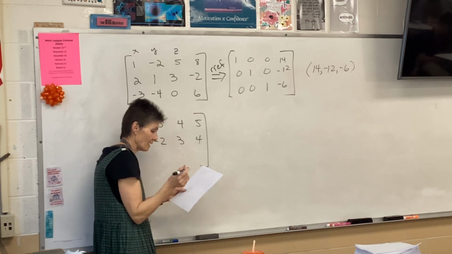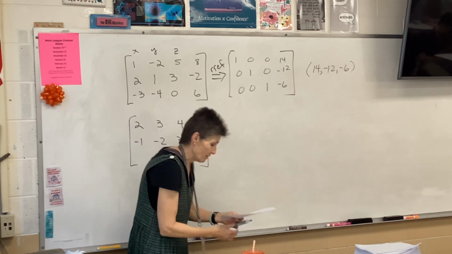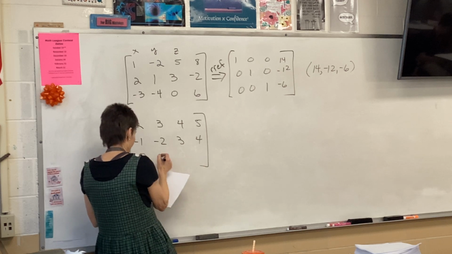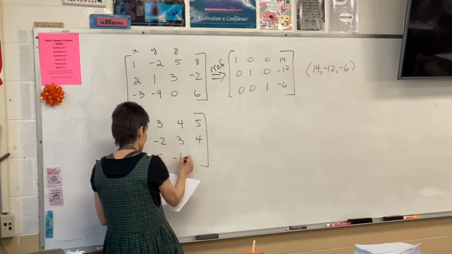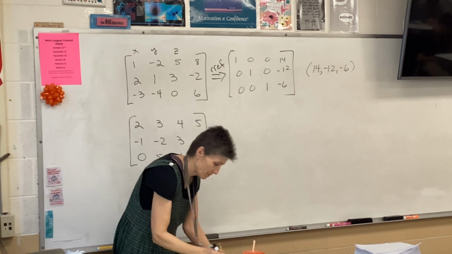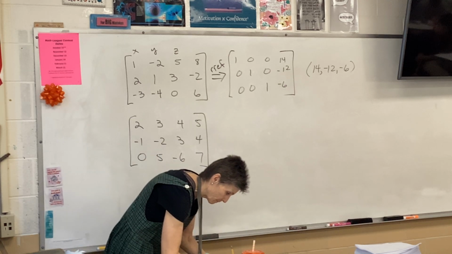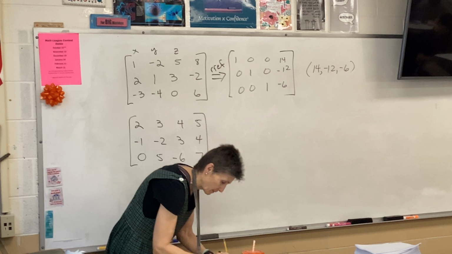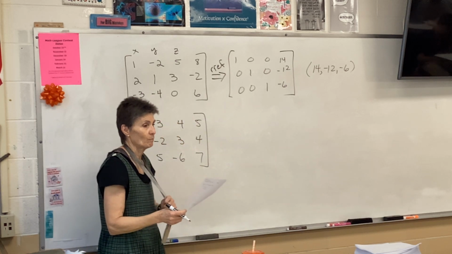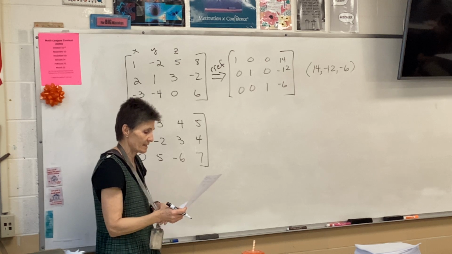In problem B, I've got a misprint there. That should be 5y minus 6z. So 5y minus 6z equals 7. That should be a z. So problem B, the bottom equation should be 5y minus 6z.